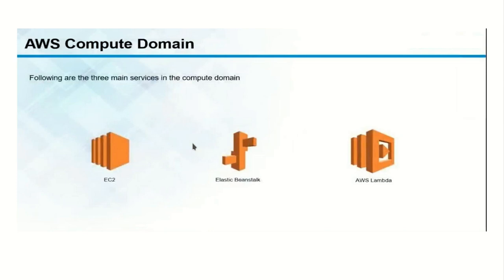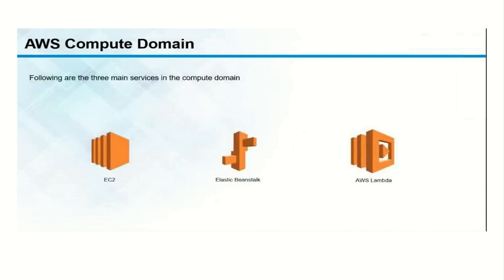In this lecture we will see the compute domain of AWS. As we discussed, EC2 is one of the most important compute services in the AWS compute domain. But there are also some other compute services in this domain, that is Elastic Beanstalk and AWS Lambda.